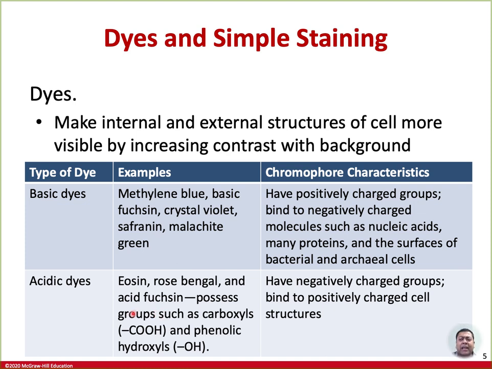And these negatively charged groups bind to positively charged cell structures. Now, interestingly, many cellular structures don't have positively charged groups. So many times we use these acidic dyes to stain the background, and these are used for negative staining.